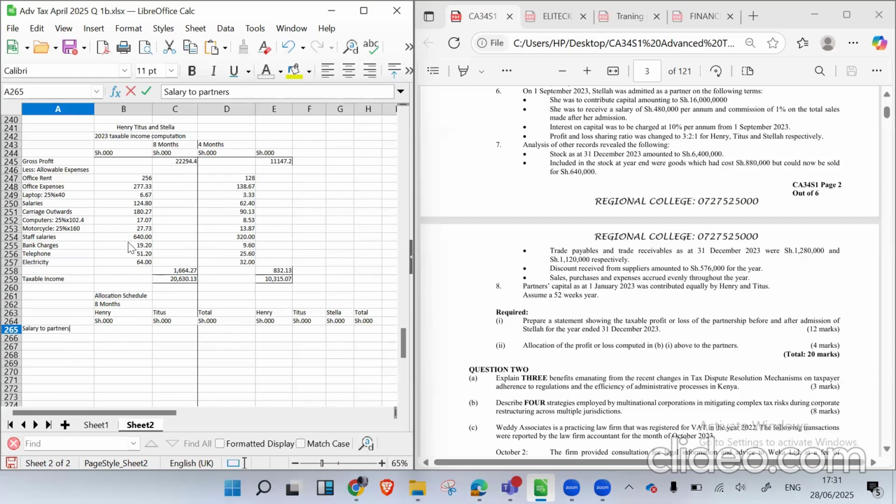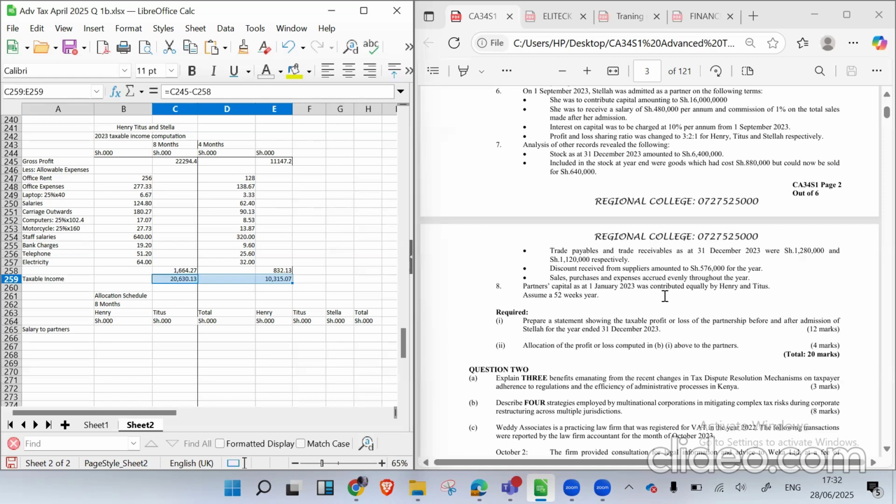Okay. Don't give them anything in the business, but the profit from the business will be allocated to them. So before you allocate this profit to them, first of all, give them their salary, give them their interest on capital, all those that you are putting here.